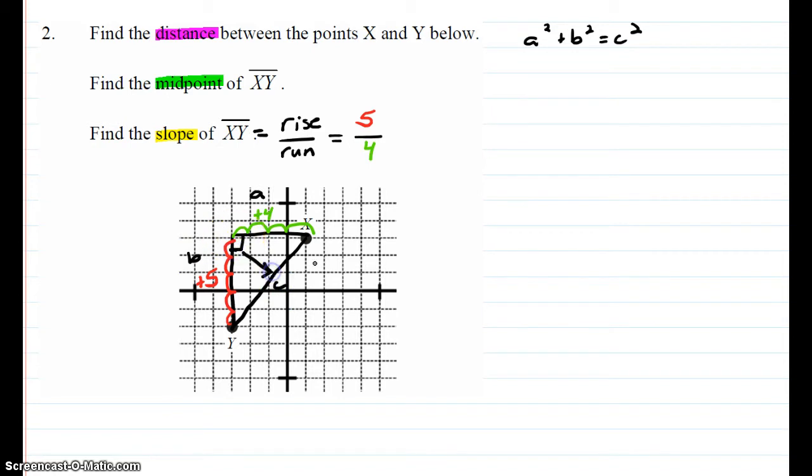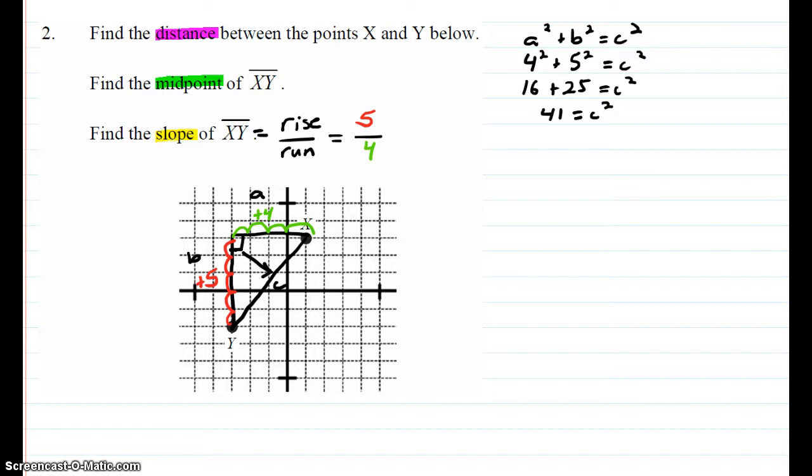So this side has to be c. And since we've already counted the distance here, we can just use those numbers. So it's going to be 4 squared plus 5 squared equals c squared. So I get 16 plus 25 equals c squared. And so I get 41 equals c squared.